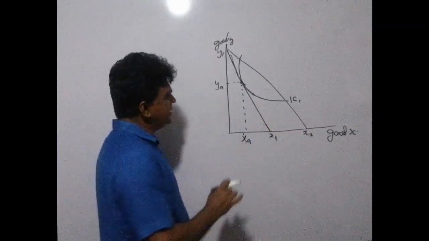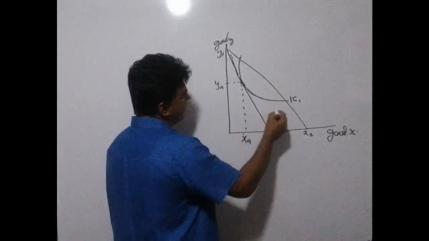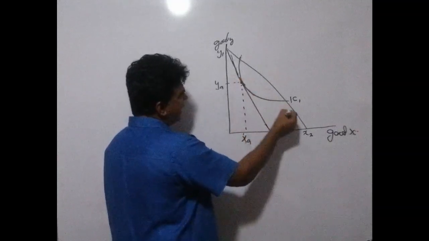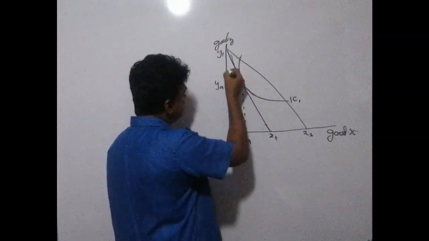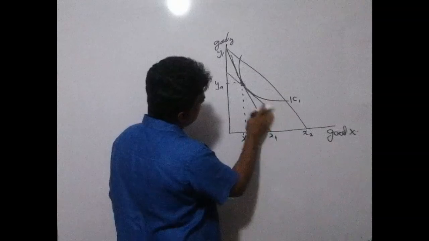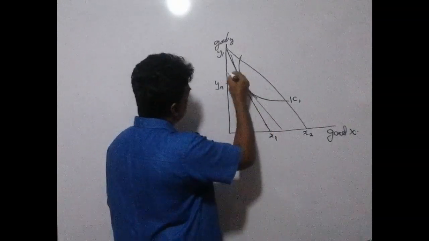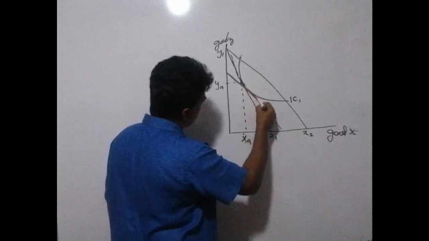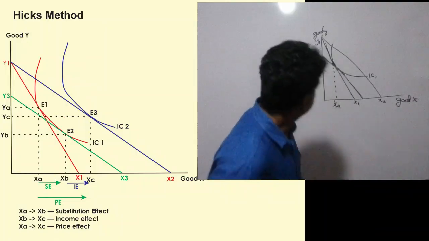Then to understand what the substitution effect is, we have to draw a parallel line tangent to this indifference curve. That is, it is parallel.